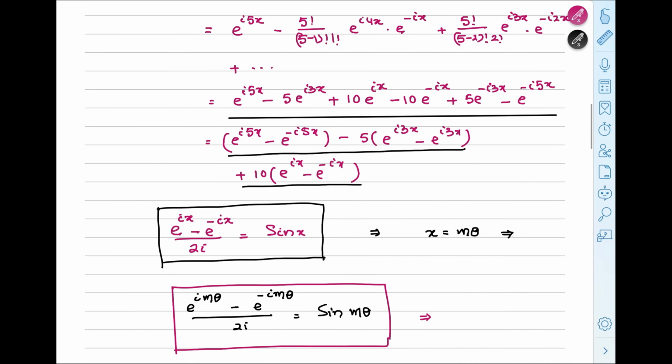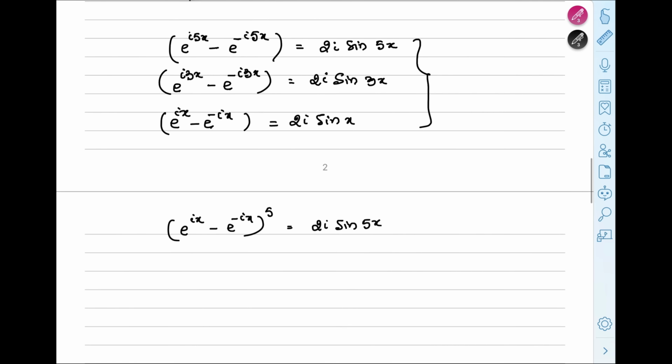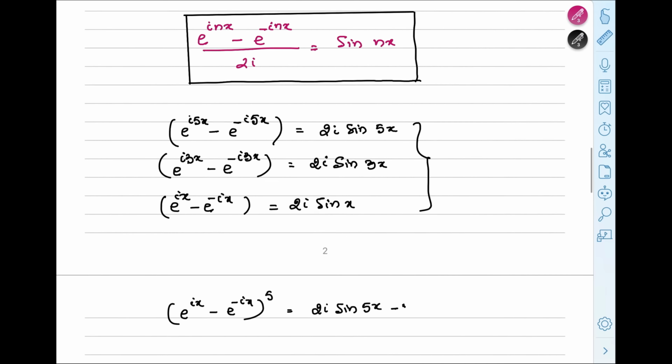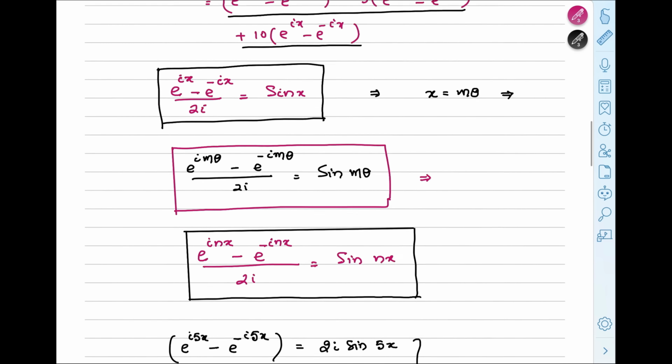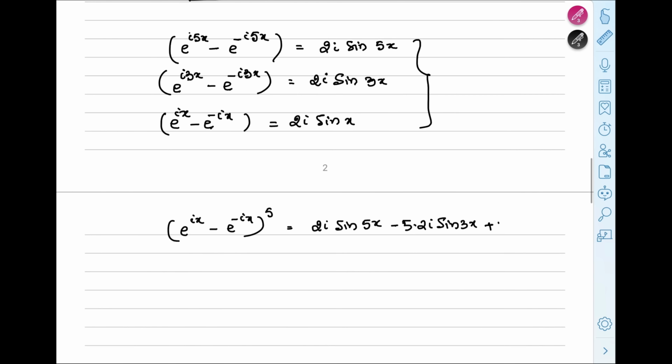First value. Second value, minus 5 into 2i into sin 3x. Next is plus 10 into 2i into sin x.